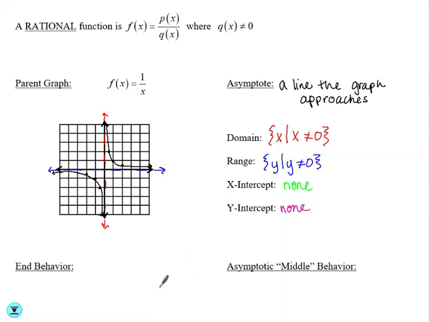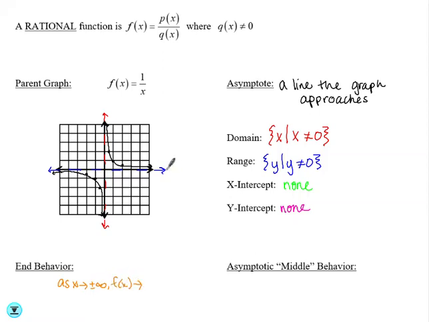In Algebra 2, you also talked about end behavior, where you look and see what happens at the ends of the functions. For most rational functions, we can write this as one statement: as x approaches positive or negative infinity, f of x approaches.